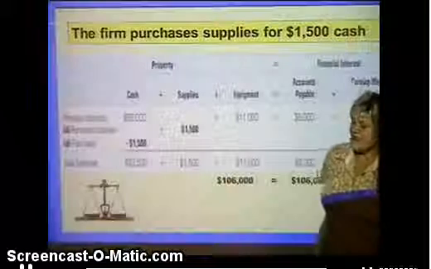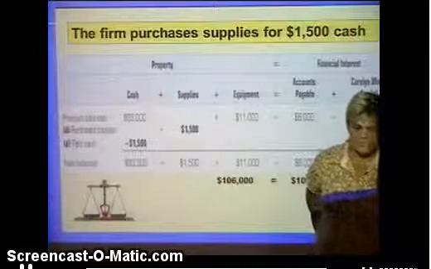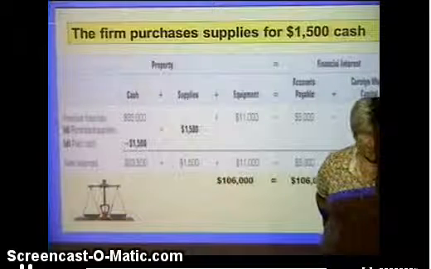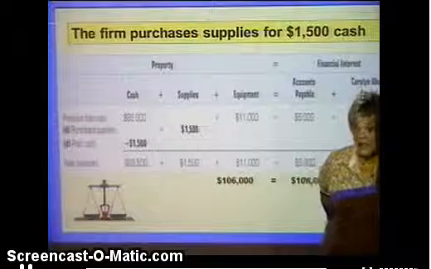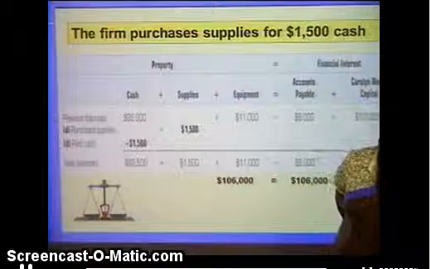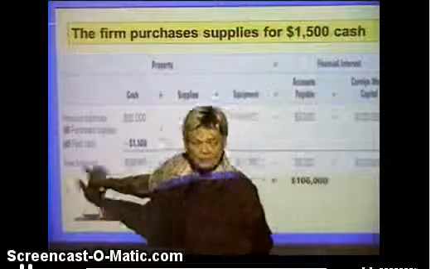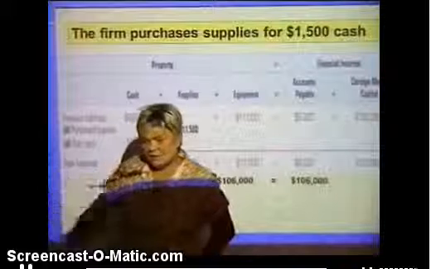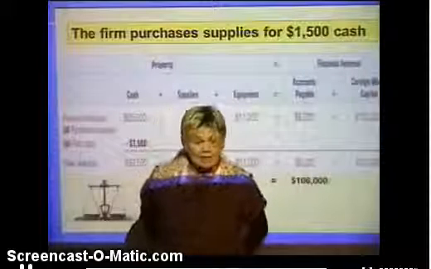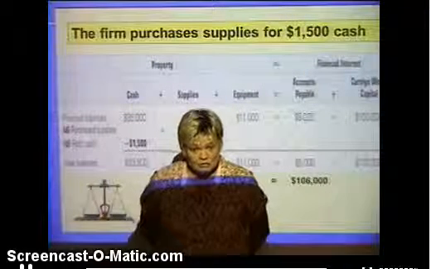Supplies expense. And when do we do that? The end of the month. We're not going to do this until chapter 5, but we do make the adjustments. You're absolutely right. As we use up things during the month, then at the end of the month, we go in there and make the adjustment.